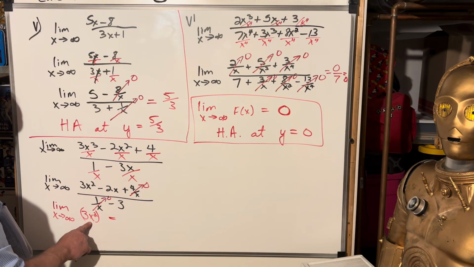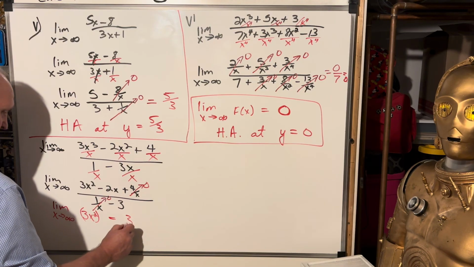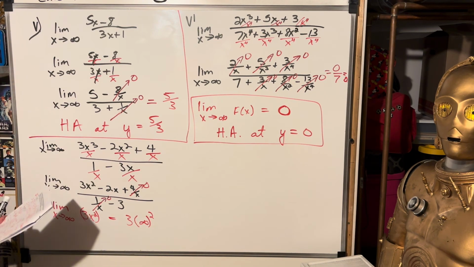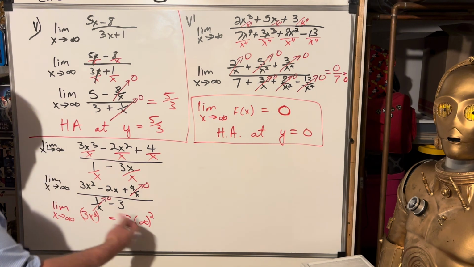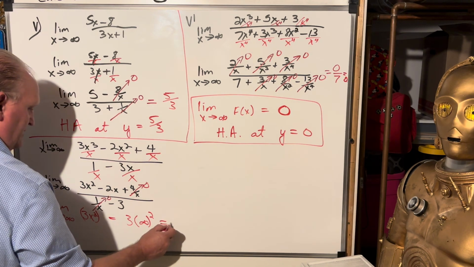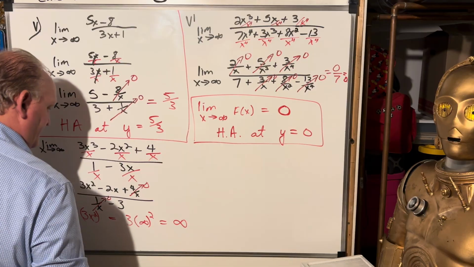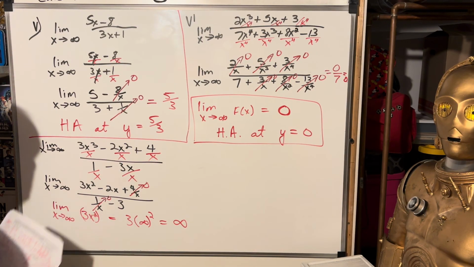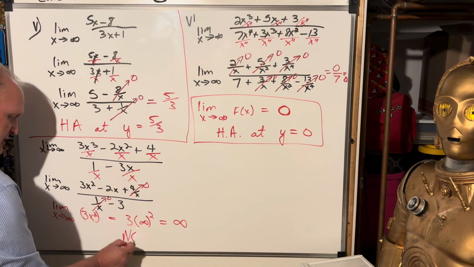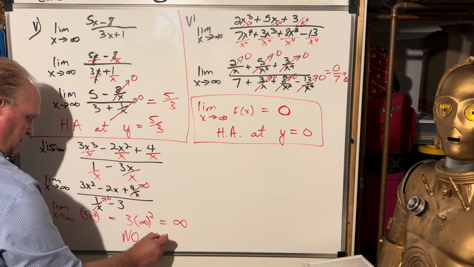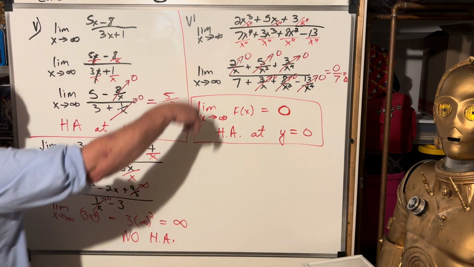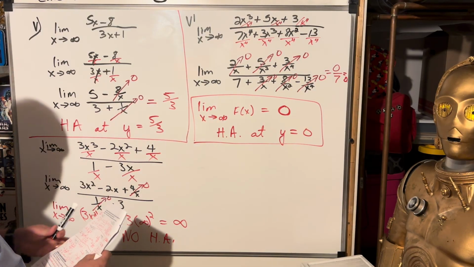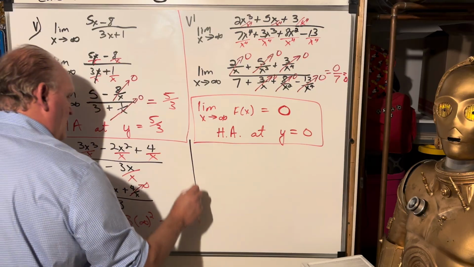So we're just looking at this, and that is like 3 times infinity squared. You can't really do infinity, but large number. And so that is equal to infinity. So there is no horizontal asymptote. That's just going infinitely large. As x gets infinitely large, y gets infinitely large.